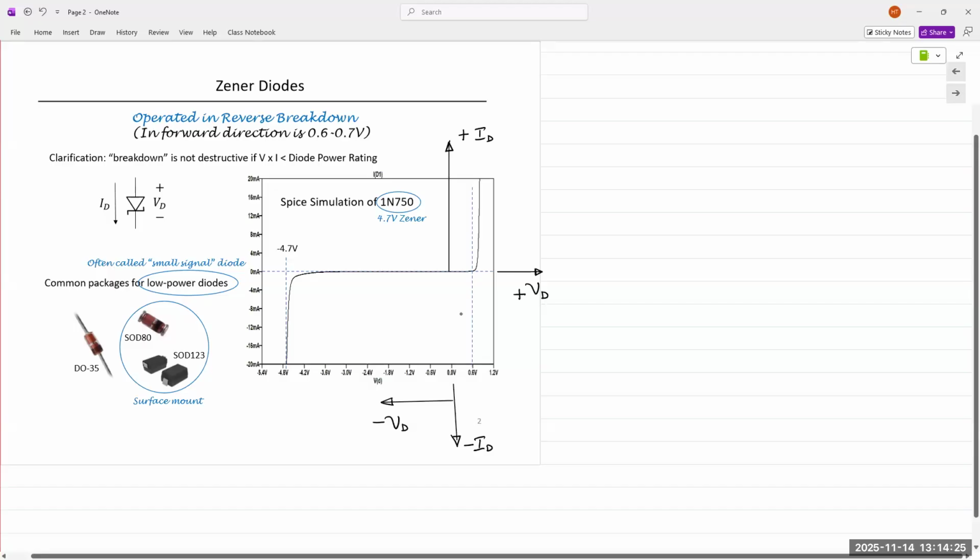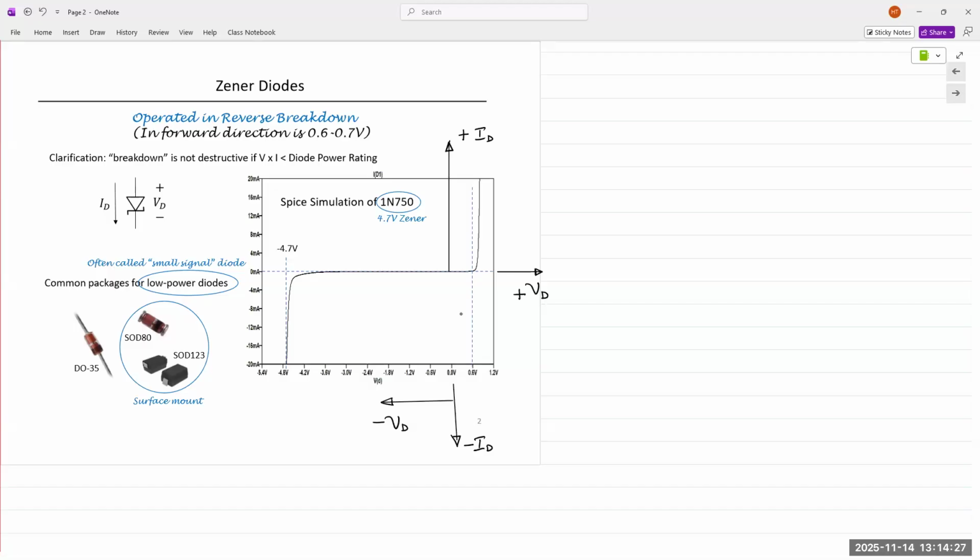Diode positive reference is always at the anode, negative is at the cathode. If you flip those references, then we say it's negative voltage and negative current. What I want students to understand is to not get too bogged down in the internal workings of these devices. So diode current flows from anode to cathode.